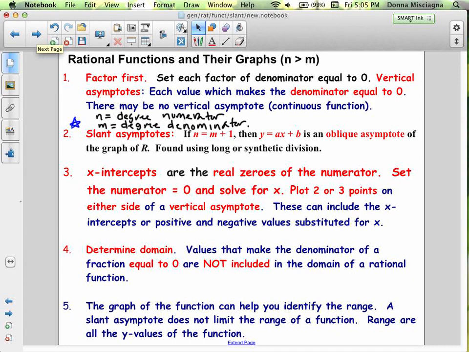Oblique and slant means it's going on a diagonal. So it's not horizontal, it's diagonal. It's found using long or synthetic division. Essentially, it's just the equation of a line.